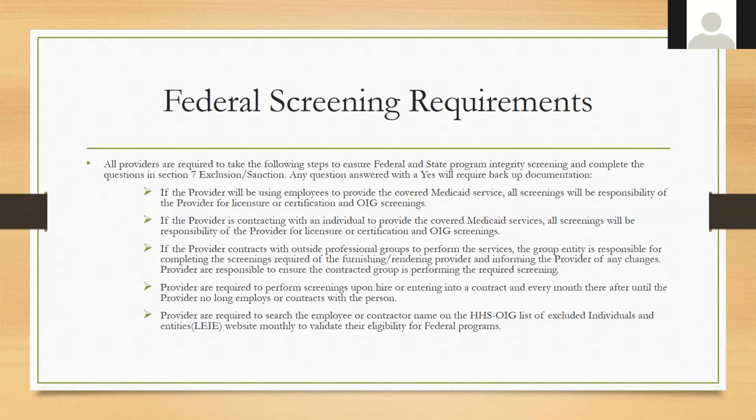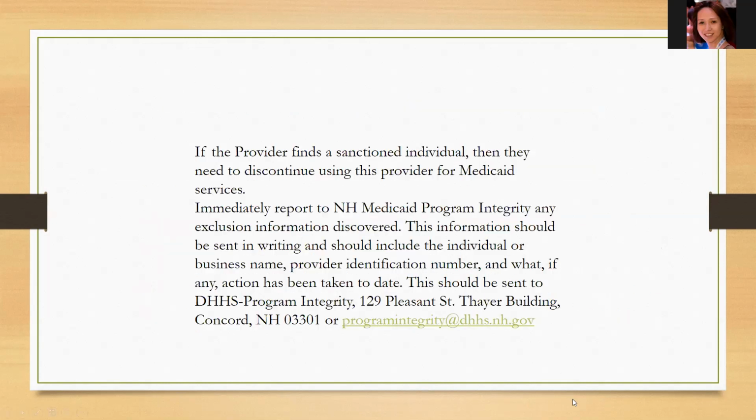Correct. So you are doing the state of New Hampshire list, which Program Integrity has posted on the DHHS website. You need to be doing the federal list, which is the Office of Inspector General. Okay, so the list will change. Yes, you should be doing a bigger one. Okay, thank you. All right, we're going to go on.